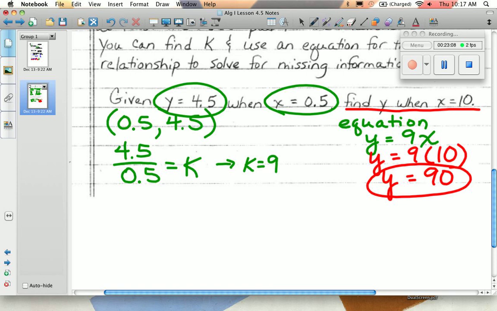What happens on the graph? Because big C is equal to 0, where does the line always cross through? The origin. Yes, it will always cross through the origin. So if you have a line crossing through the origin, you can count on it being a direct variation relationship.